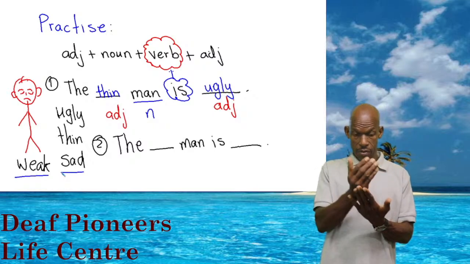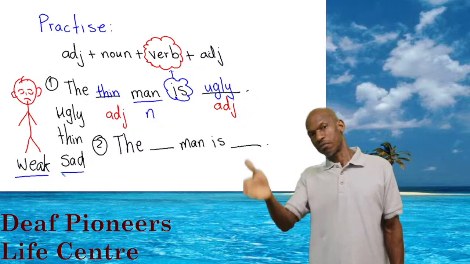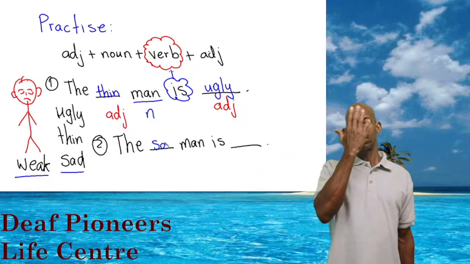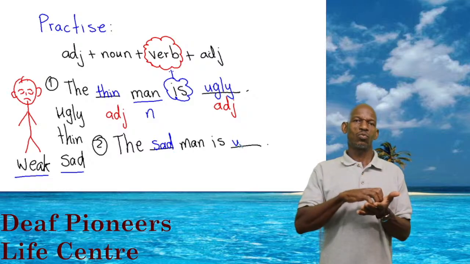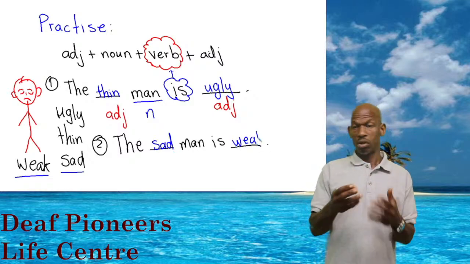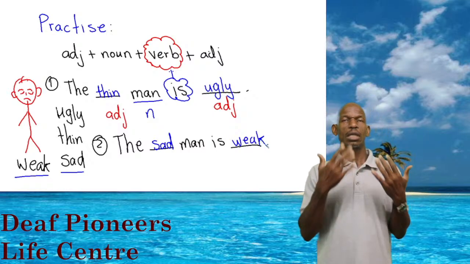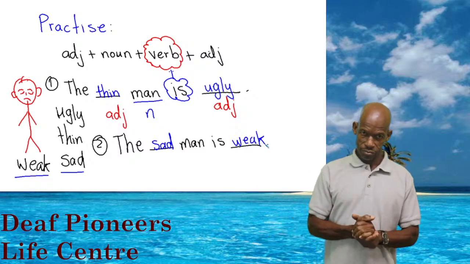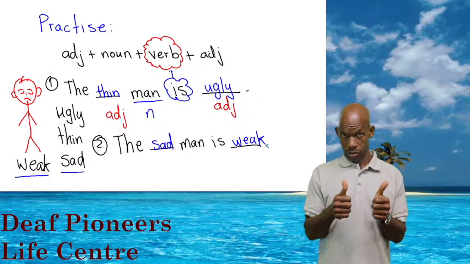So I can say the sad man is weak. So I pull out the adjective from the noun and then I put it in a sentence. And I could use 2 of them.